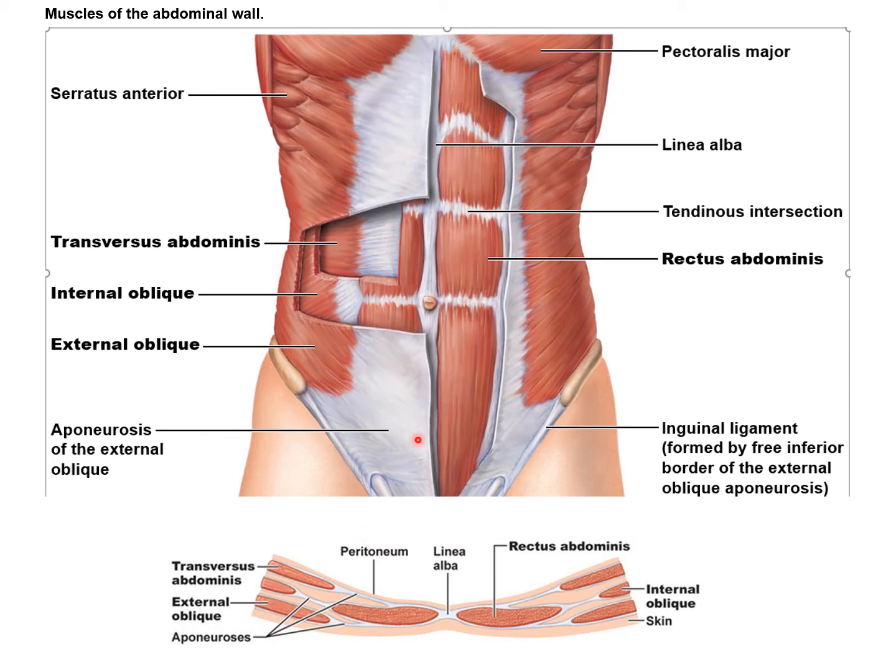And there's an aponeurosis. I don't know if you remember that from the first muscle we went through. The occipitofrontalis had an aponeurosis, which is a big sheet of connective tissue connecting 2 bellies of the muscle together.